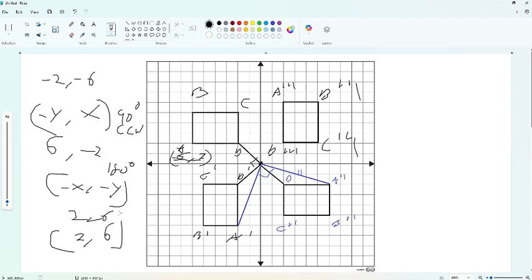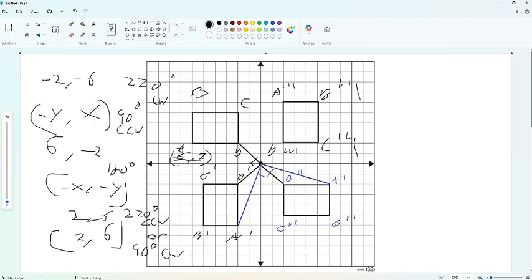Wow. And this would be a 270-degree counterclockwise or a 90 degrees clockwise. Same for this would be 270 degrees clockwise.